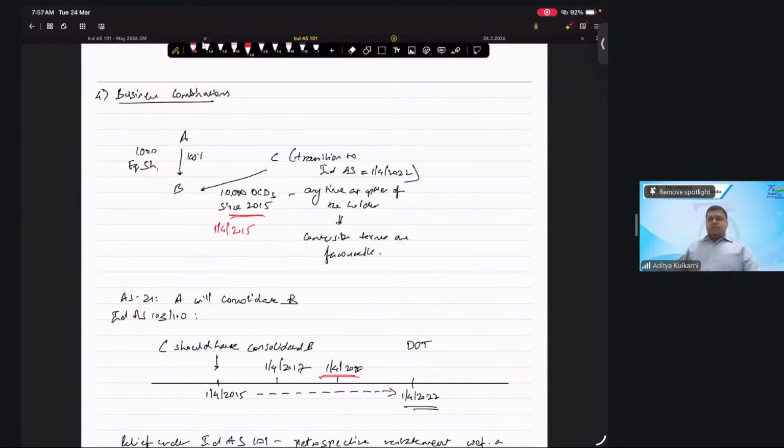Business combinations. Now, what are the standards that you apply for business combination under Ind AS 103? What was the comparable standard that you had under accounting standards? Amalgamation, sir, AS 14.